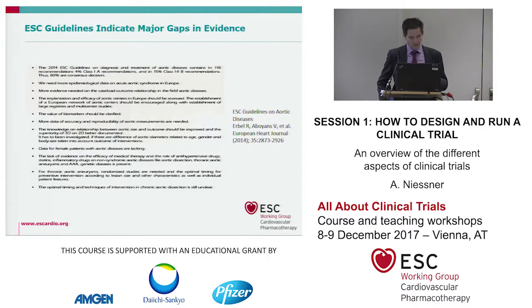More data on accuracy and reproducibility of aortic measurements are needed. We do not have data for female patients. We have a lack of evidence of the efficacy of medical therapy. We need randomized studies on when to do intervention. So there are many questions. So do not worry that there are no open gaps. There are a lot of open gaps, and this is just one small example.